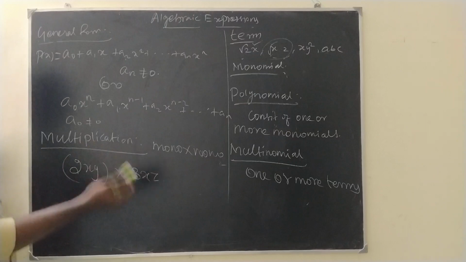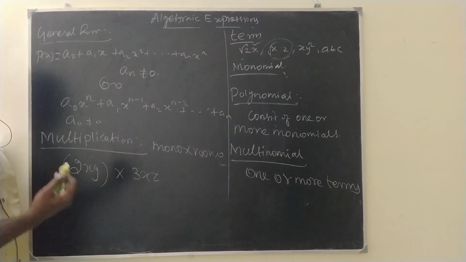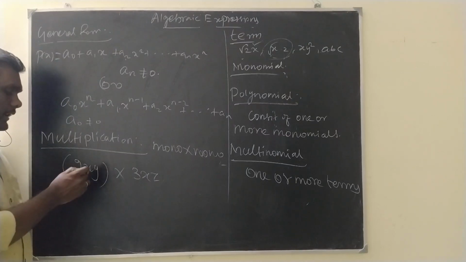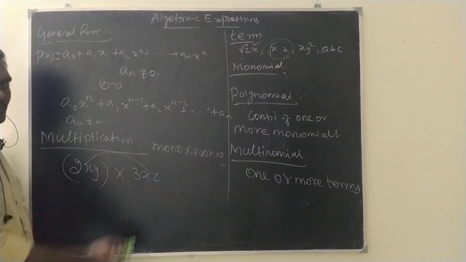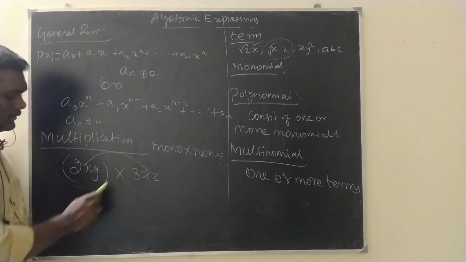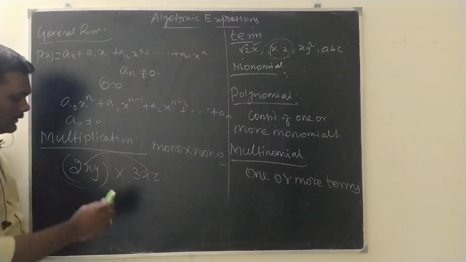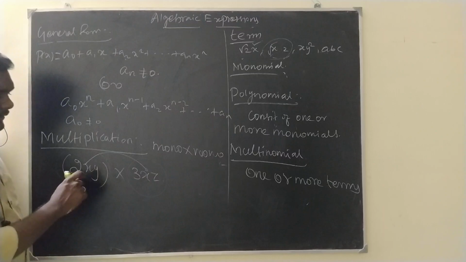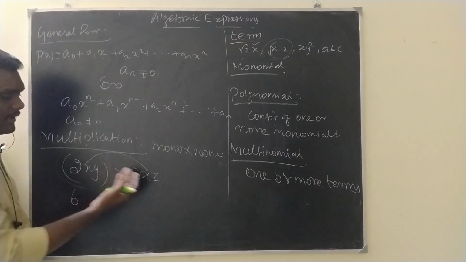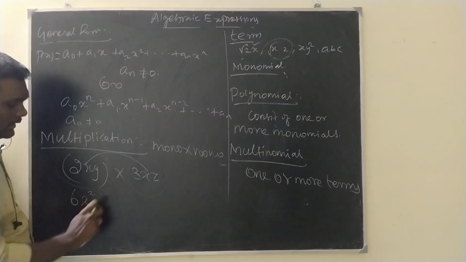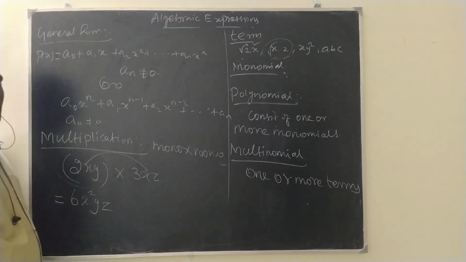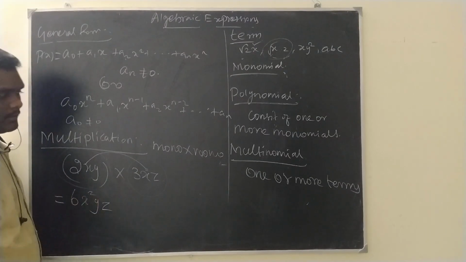See, numbers with numbers have to be multiplied. Variables with variables, when it is a like term: the x variable can be multiplied with the x alone, not the other one. This is one term, this is one monomial, that is one monomial. So numbers with numbers give 6, variables with variables, x into x we have x square, y, z.